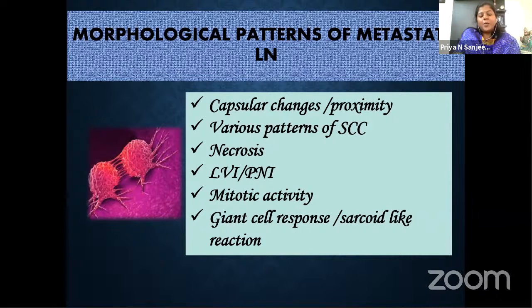The tumoral involvement of the lymph node almost mimics morphologically the patterns we see in the primary tumor. So there can be changes in the capsule, various patterns of squamous cell carcinoma, presence of necrosis, lymphovascular invasion or perineural invasion, presence of mitotic activity, and some additional histological features.